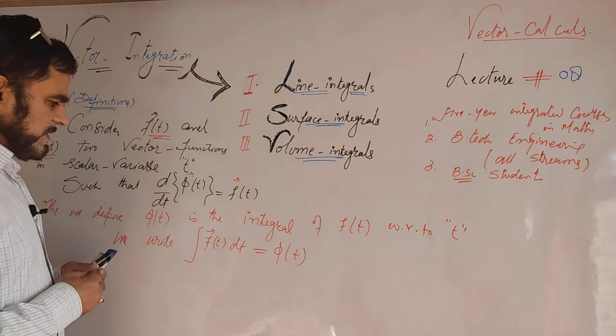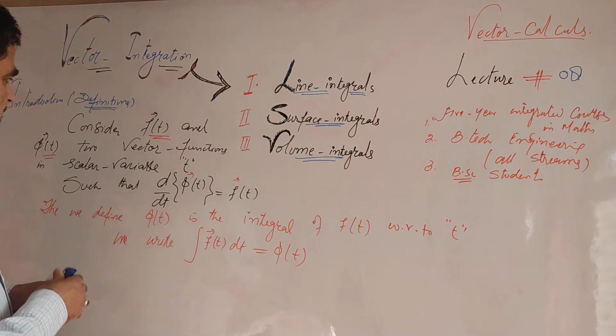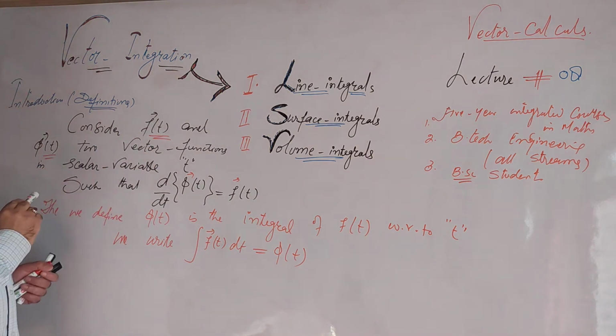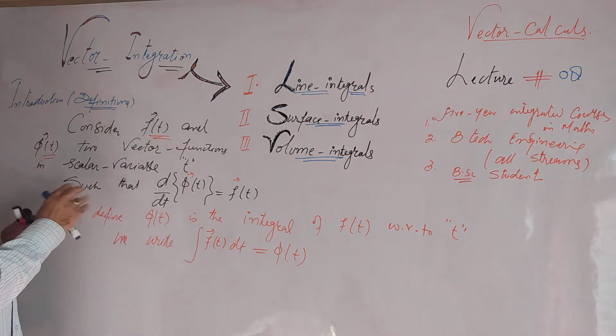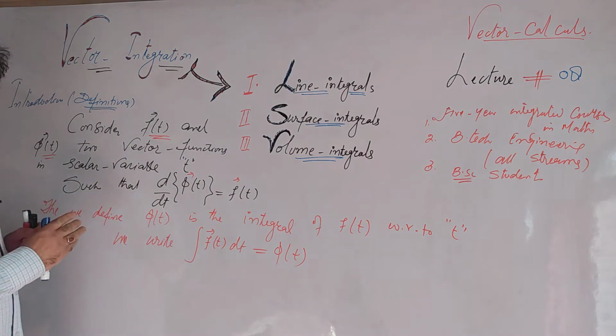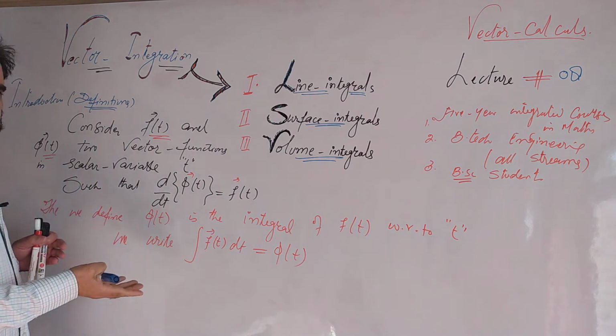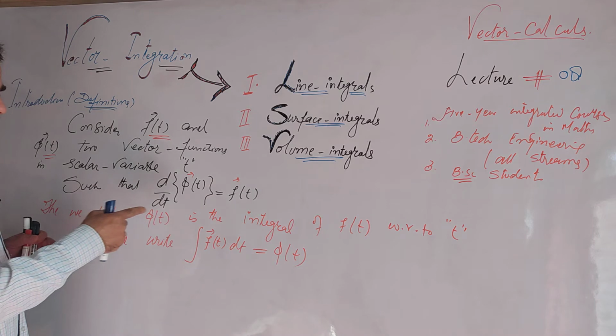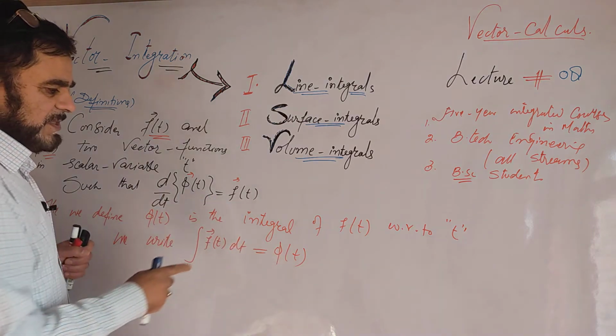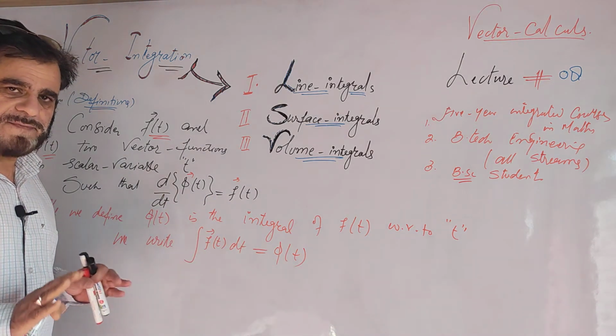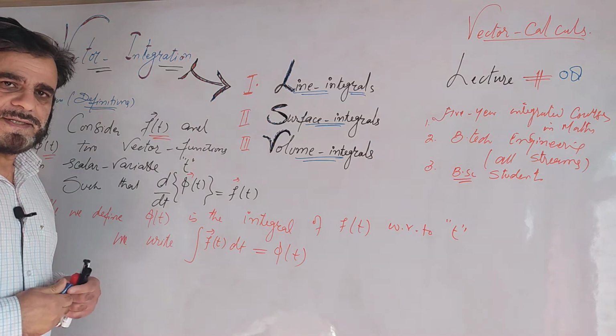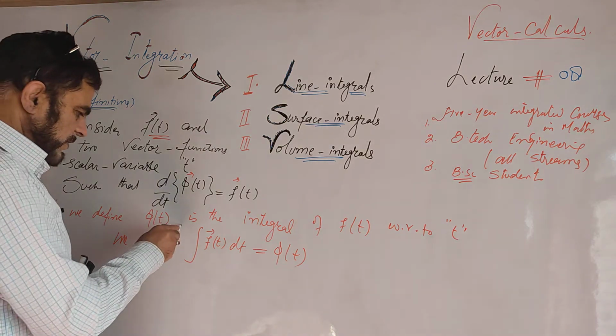Okay, this is if the two such functions f of t and phi of t are related to each other, that one function is the differential quotient of another, then we write the integral of this f of t with respect to t is phi of t. You do this the same way as in ordinary integration. Similarly, we have it here also.